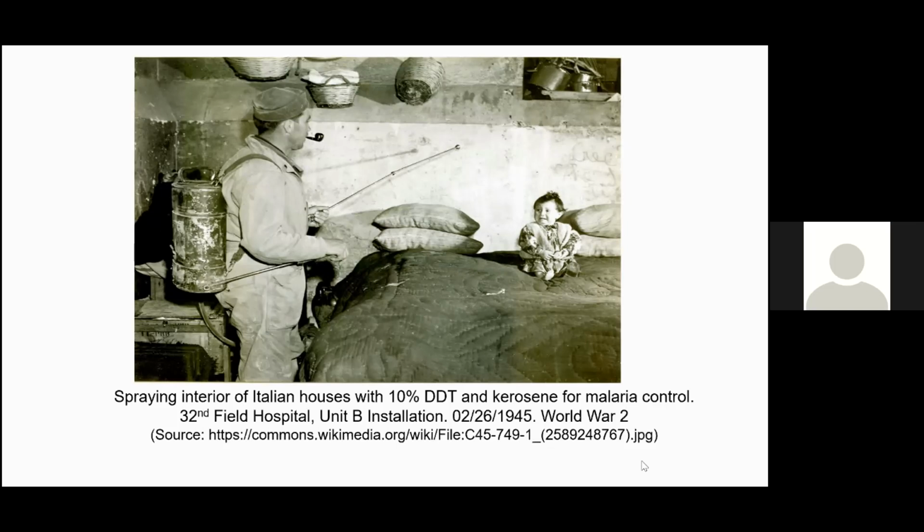One can see the sprayman smoking, a girl child sitting on the cot, and the person not having any personal protective equipment. So we have come a long way from this, and now we have equipment which is very safe to use for both the spraymen and the public.